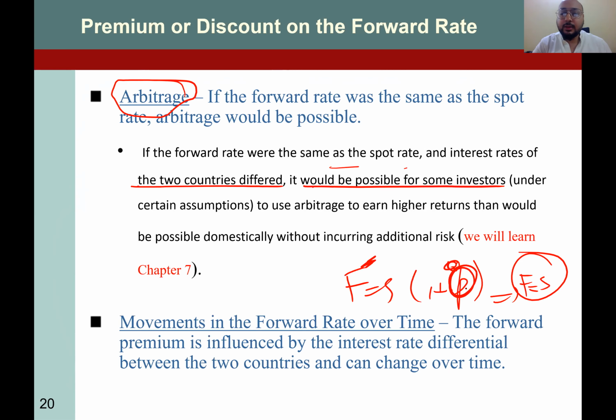Now, what will happen? Everybody will be transferring their money to the country that pays higher interest, and they are buying forward as well. When every person is investing their money over there, supply starts rising and interest rates start decreasing. So this is a very short-term opportunity, because this is a riskless profit, free profit. Everybody starts to explore and exploit that opportunity.